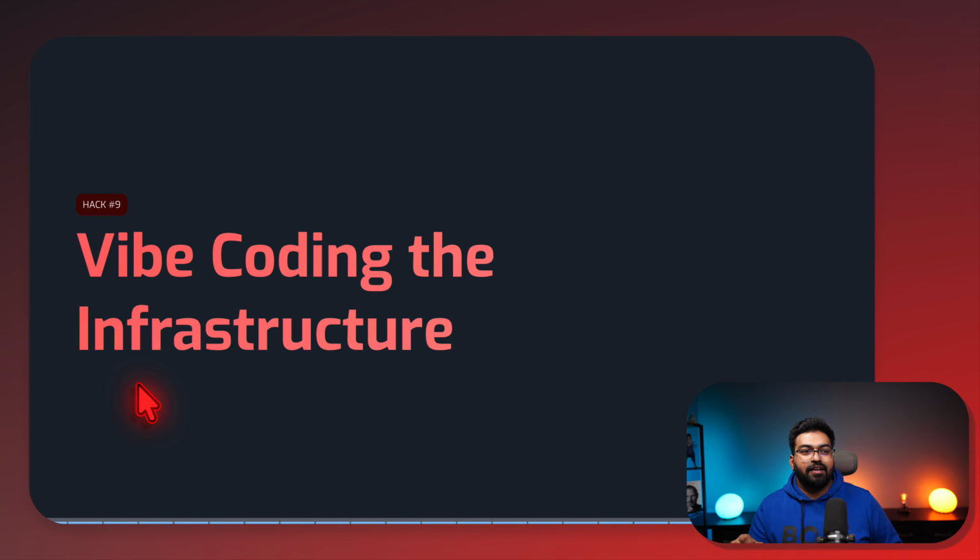Vibe coding the infrastructure. You can use Clawdbot to create vibe coding applications. They may not be great, they may not be perfect on the first try, but with the right model, the difference is night and day in the kind of models that you use.